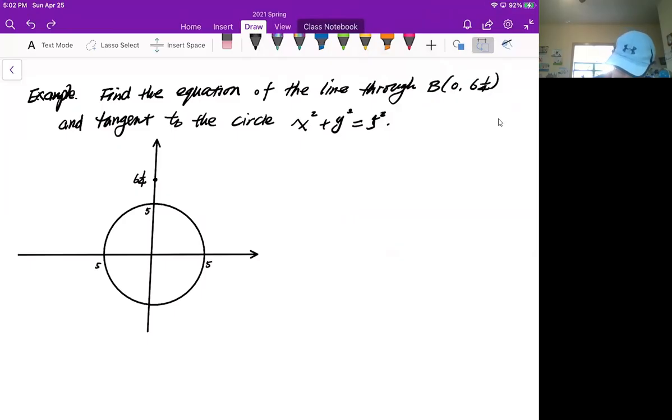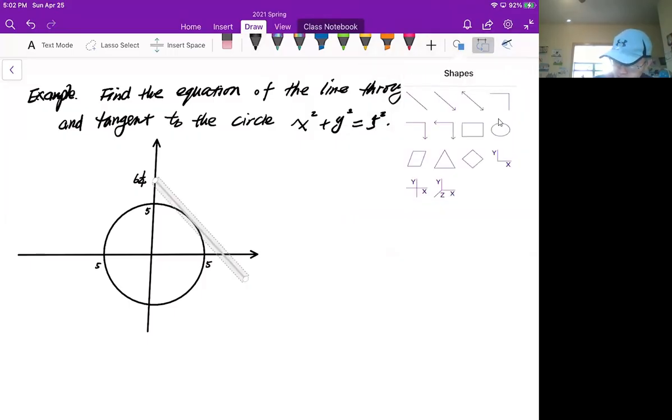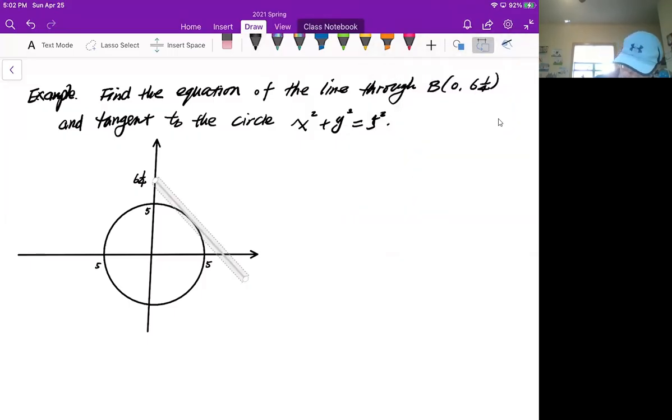Okay. So let's see. So here's the tangent line here. You get one tangent line, and you should get the other tangent line. That's a similar idea. But let's just do one of them because the two of them are quite similar.